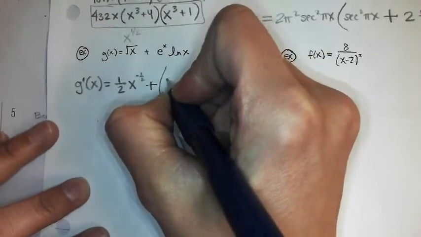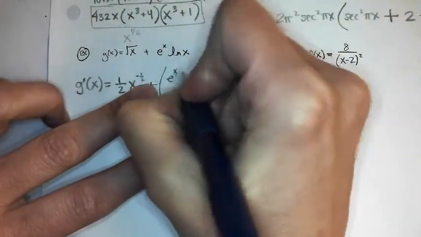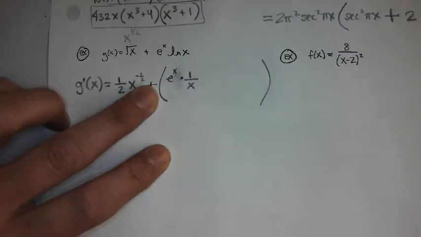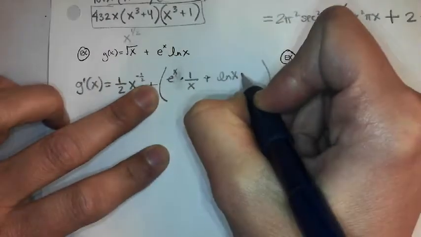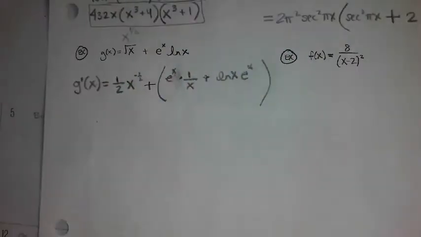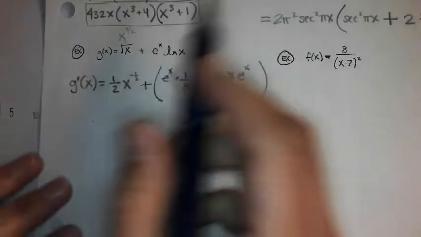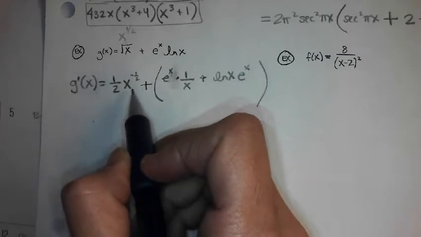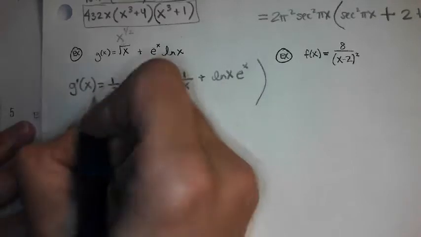So first times the derivative of ln of x, which is 1 over x, plus the second times the derivative of e to the x, which is e to the x. So here's the thing, I can clean this up, but remembering that I'm going to have to take a second derivative anyway, I wouldn't want to then put it back, so I'm just going to leave this alone.